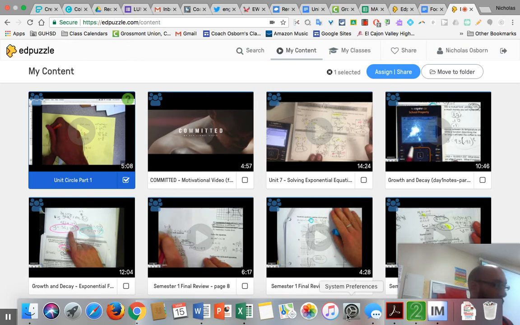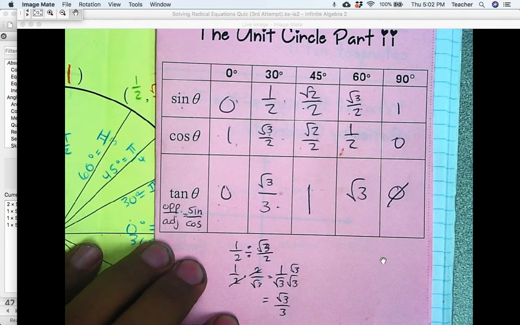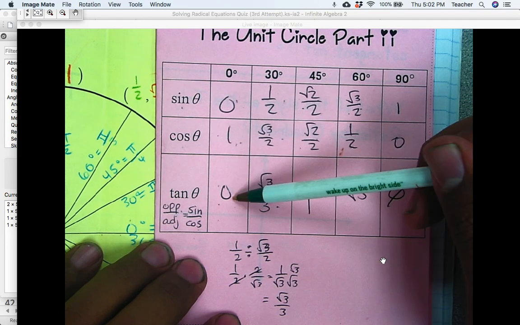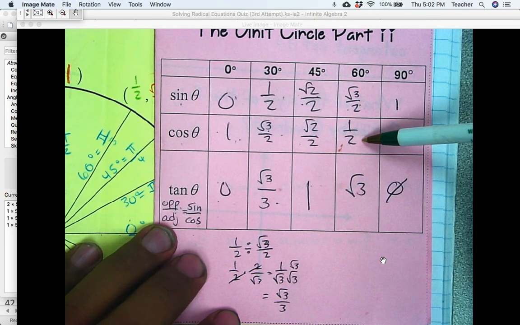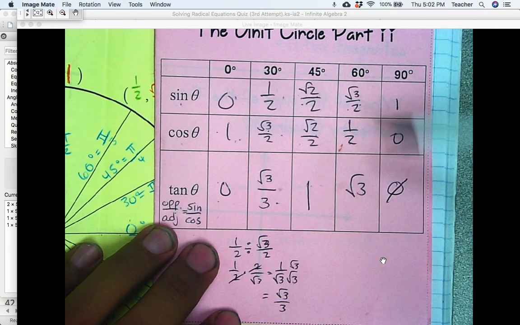As you go through this, you'll notice 0 over 1 is just 0. Then I do this divided by this, flip the reciprocal, the 2's cancel, and I get that.